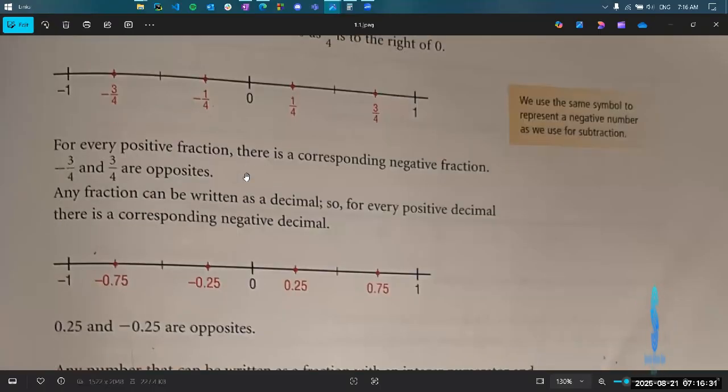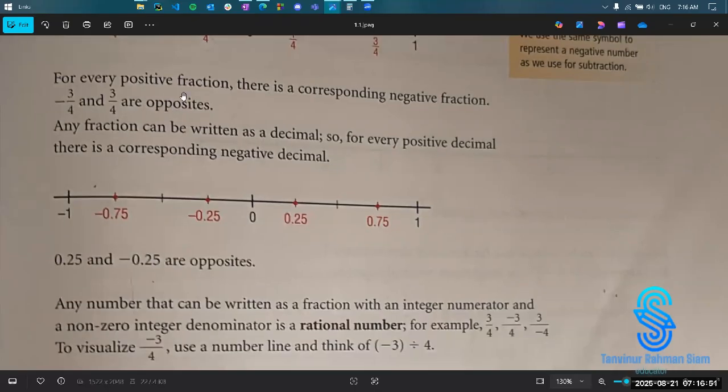So right now, in between 0 to minus 1 and 0 to positive 1, we have different sorts of numbers also. Those numbers are known as fractional numbers. So after that, they have said that for every positive fraction, there is some corresponding negative fraction.